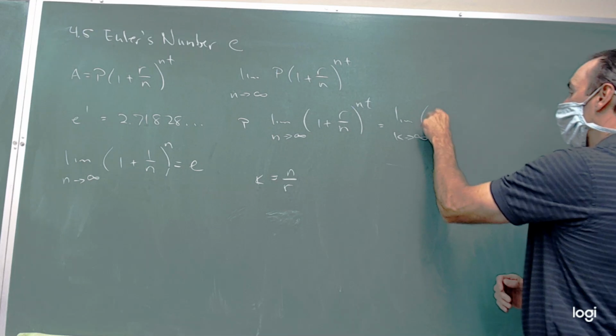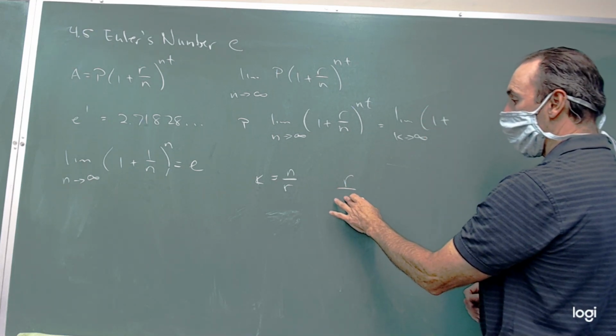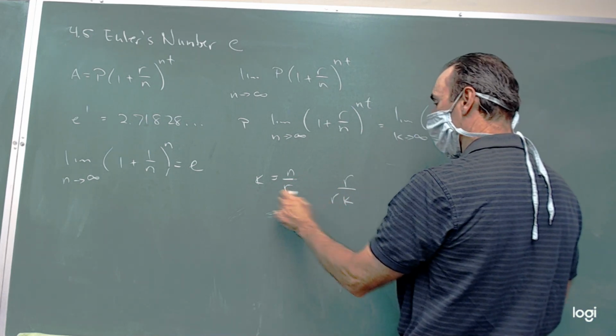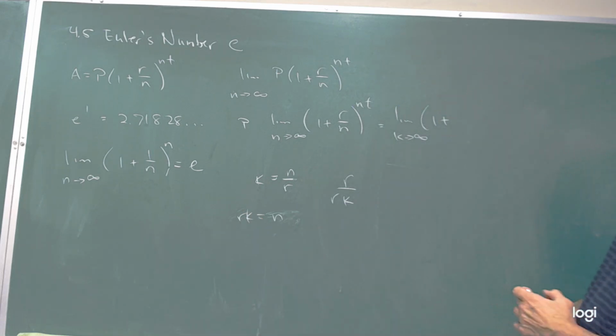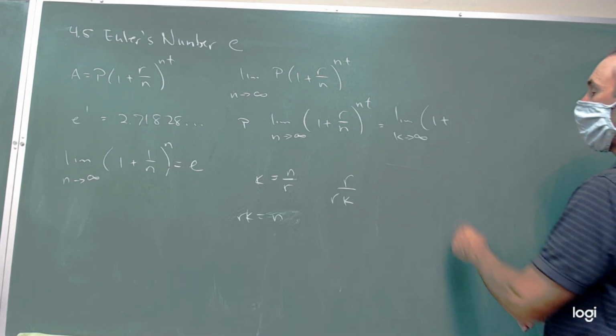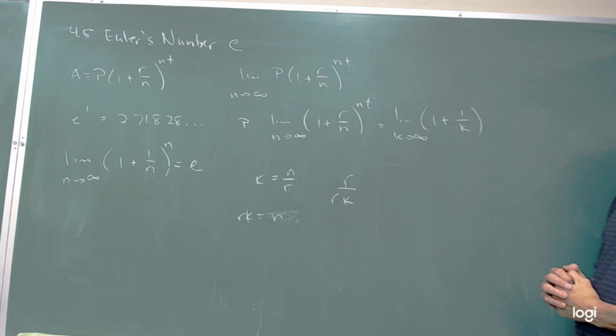And then I'm going to make this 1 plus r over n, changing the n for rk. I think that's what I want. So that's going to be 1 over k, because that's going to cancel with the r. Is that okay?